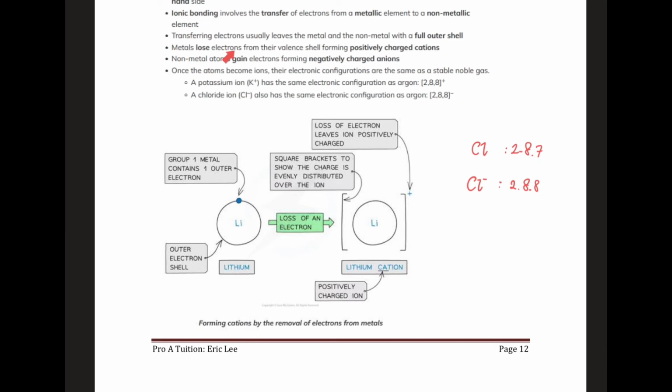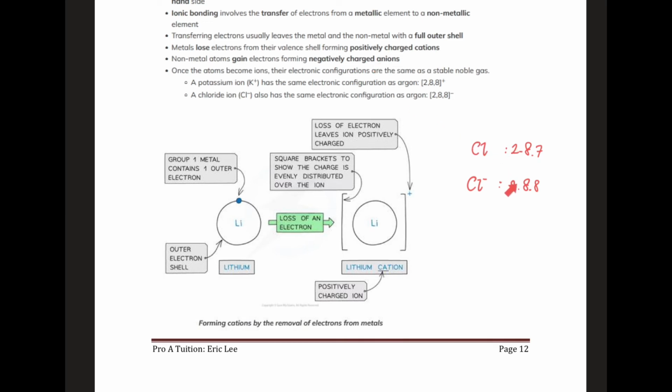Then metals lose electrons from their valence shell, forming positively charged cations. Non-metal atoms gain electrons, forming negatively charged anions.